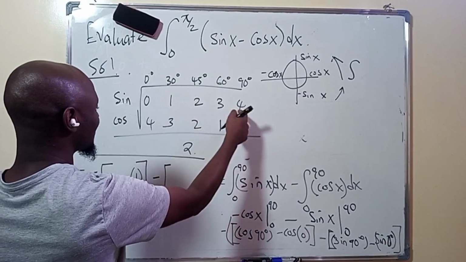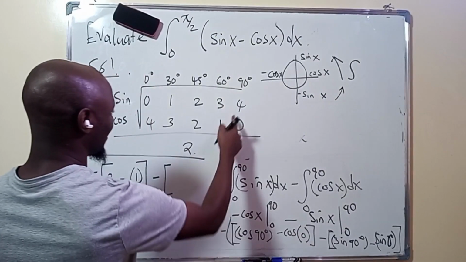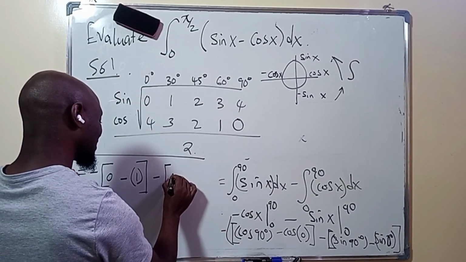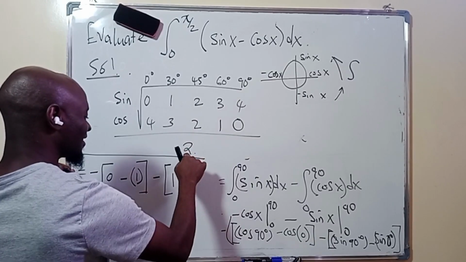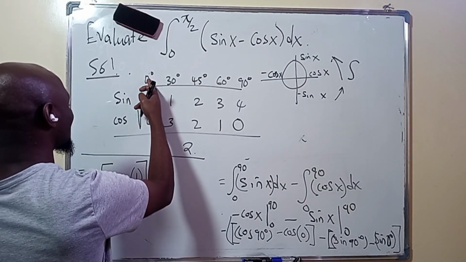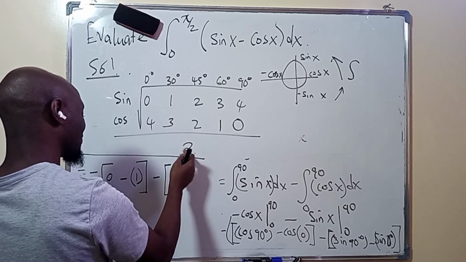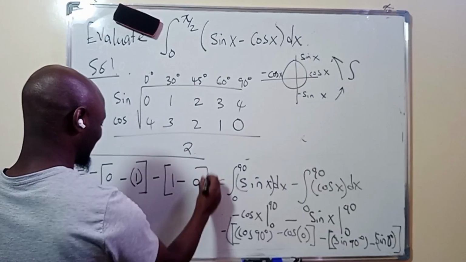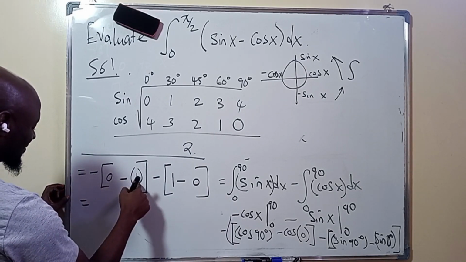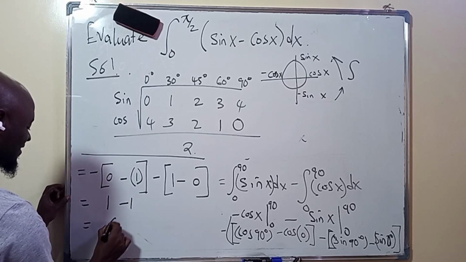Sine 90 degrees is square root 4 divided by 2, we get 1, because here we get 2, then divide by 2. Sine 0 degrees is square root 0, which is 0, divided by 2, we get 0, minus 0. So here we are going to have minus and minus, we get plus, then minus 1. This gives us 0.